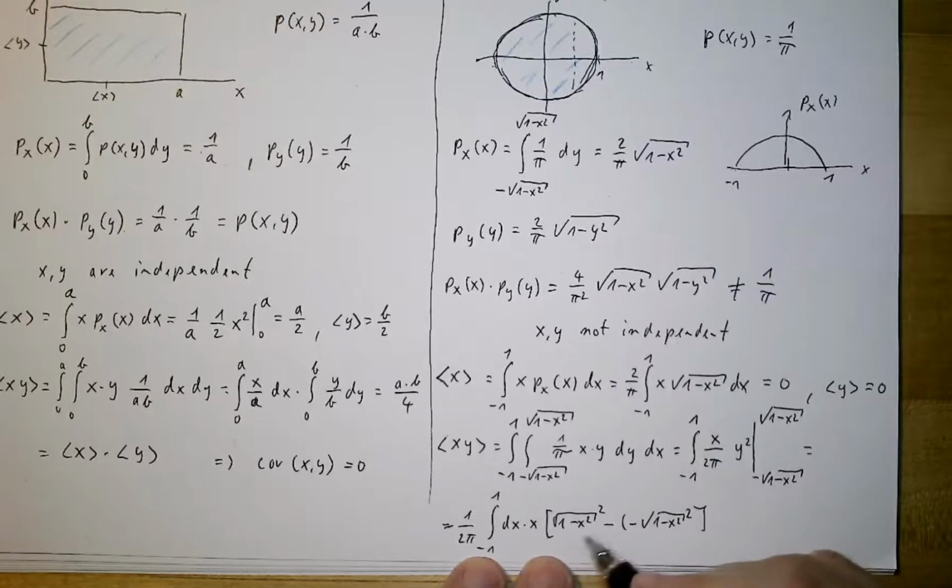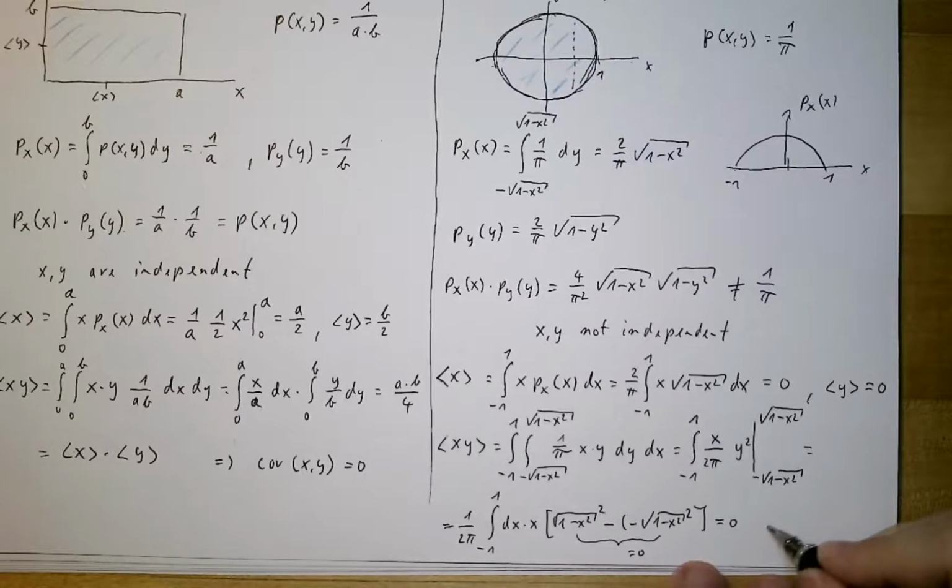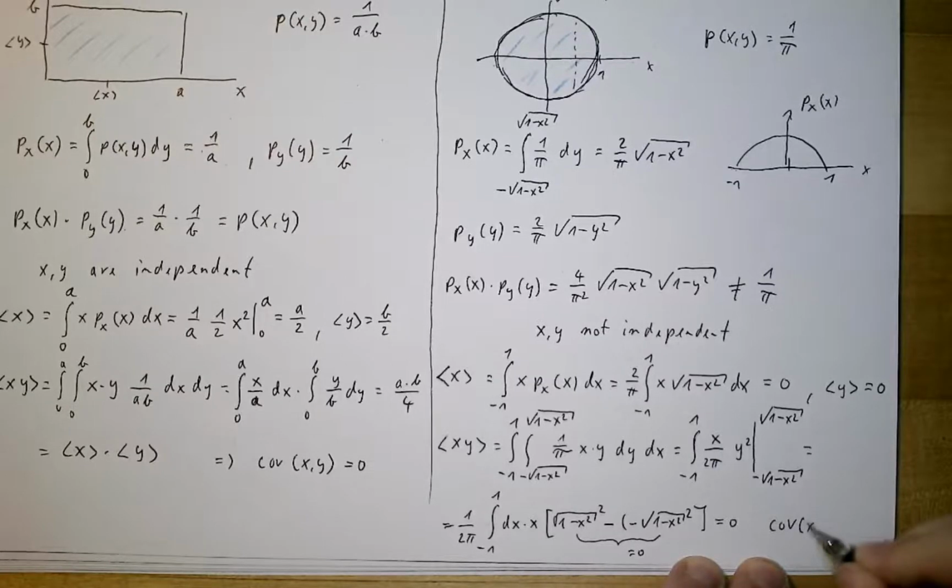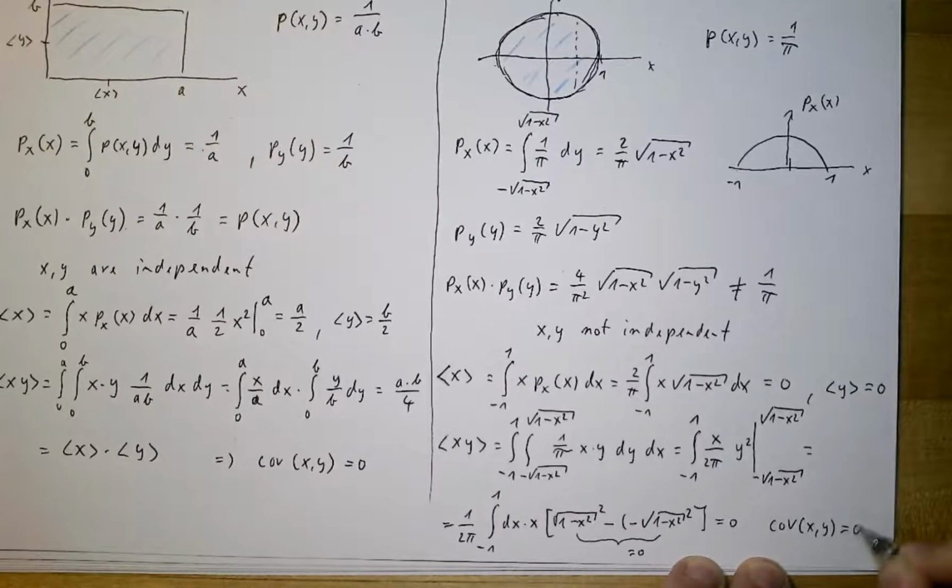But these cancel each other, so this is 0, and from this we obtain that the covariance of x and y equals 0.